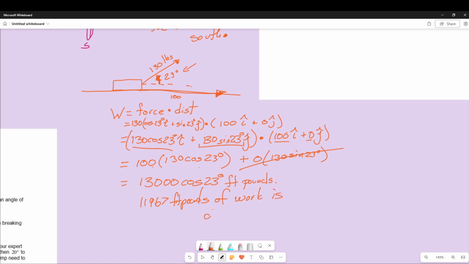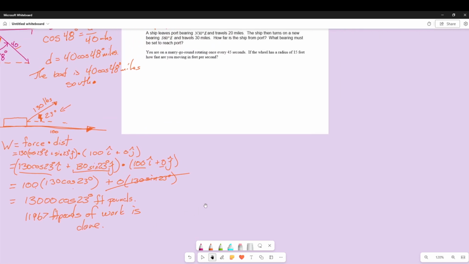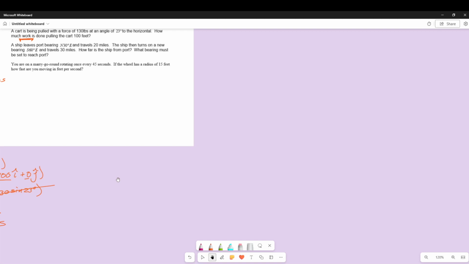I'm going to say is done. Sort of a sentence. So, if you're looking for an example of a work problem and a nice application of dot product, that is a nice, pretty standard application for dot product. How's our time doing? 44 minutes, okay.